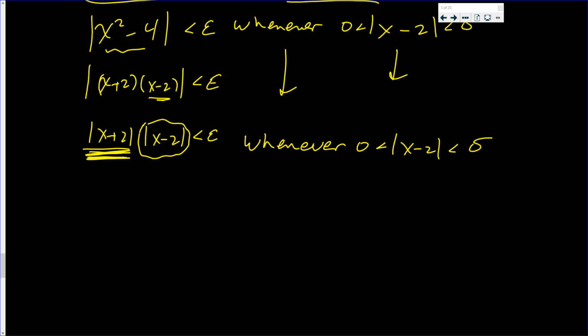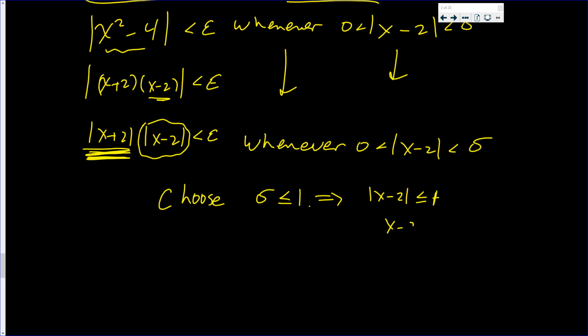So what we do is the following. We choose delta to be less than or equal to some number. I would pick 1. You can use a half, you can use a million, you can use a quarter. Use 1. So this implies that the absolute value of x minus 2 is less than or equal to 1.